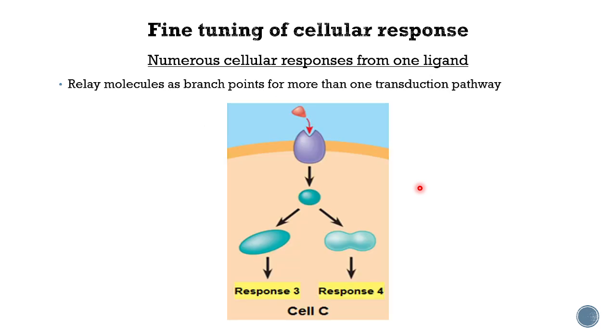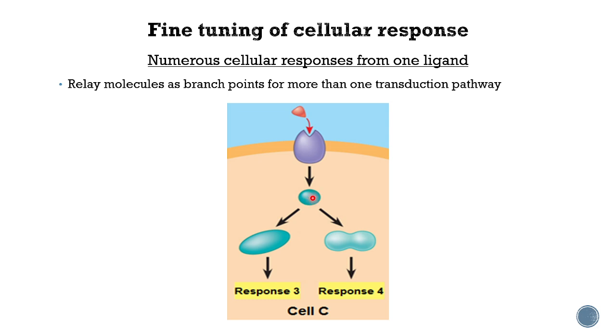Okay, but then we can also trigger different cellular responses from just one type of ligand or one type of signaling molecule. One ligand will activate one receptor. However, during the signal transduction pathway, one of the relay proteins can activate more than one type of downstream protein.